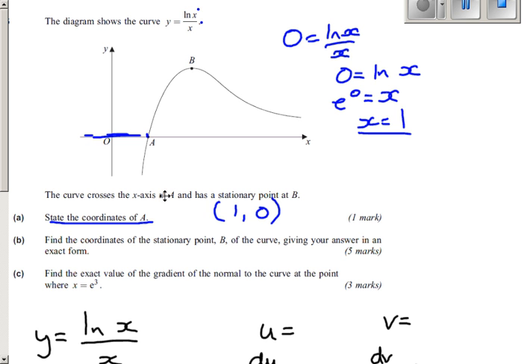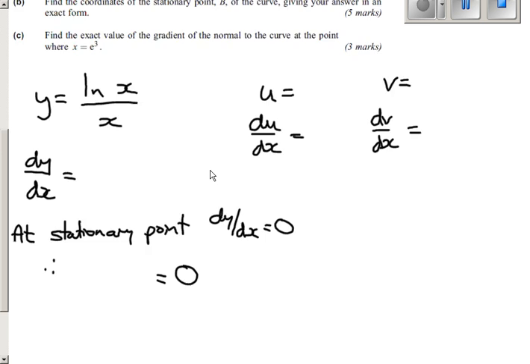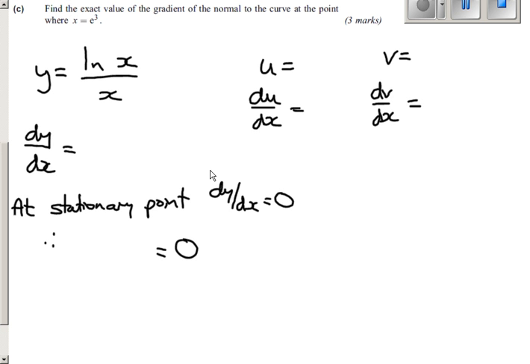Now for 5 marks in the next bit, we've got to find the stationary point, the bit at the top there. So I've already started setting this up. I'm trying to differentiate y equals ln x over x. And the rule we're going to be using, of course, is the quotient rule. So u equals the top bit, v equals the bottom bit, differentiate this, differentiate this.